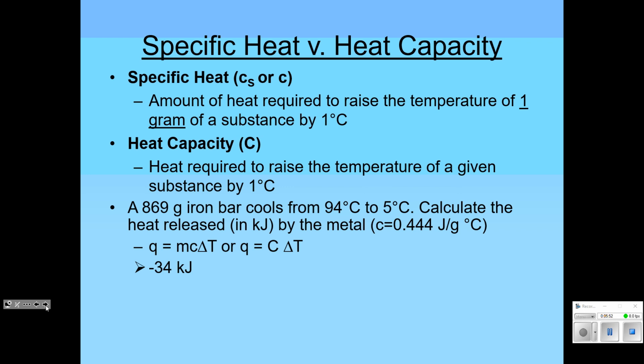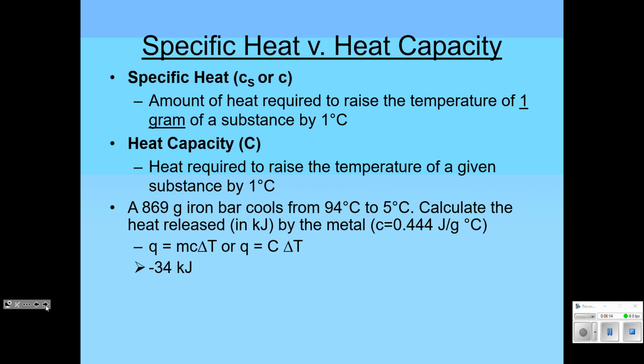Where Q stands for heat, m stands for mass, c is the specific heat capacity, so that's a lowercase c. It's the more common way that you're going to see it. And delta T, remember that triangle is delta. Delta T is your change in temperature, the final temperature minus the initial.